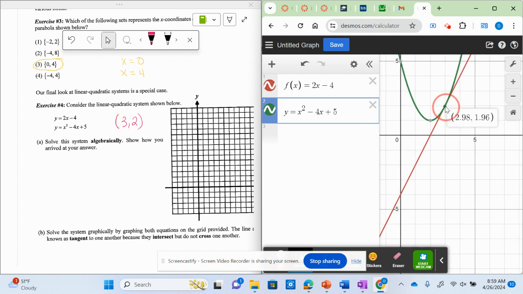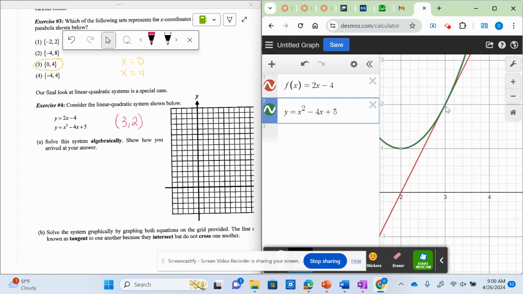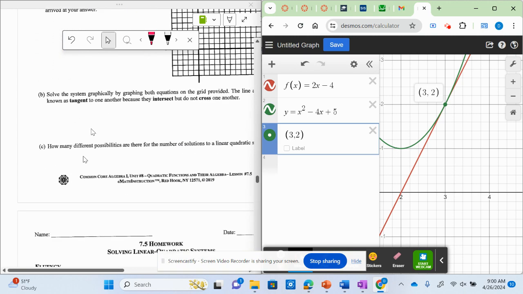It just touches at the point 3, 2. That is called a tangent. When a line just touches a curve, they're said to be tangent to each other. All you need to know is that it only has one solution. We're not graphing it.